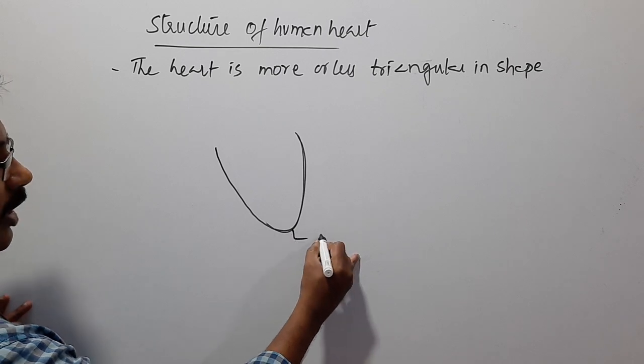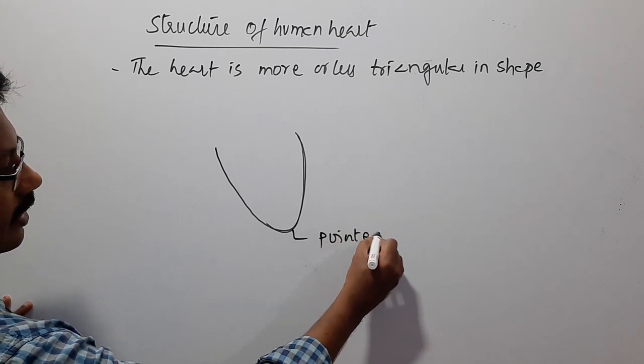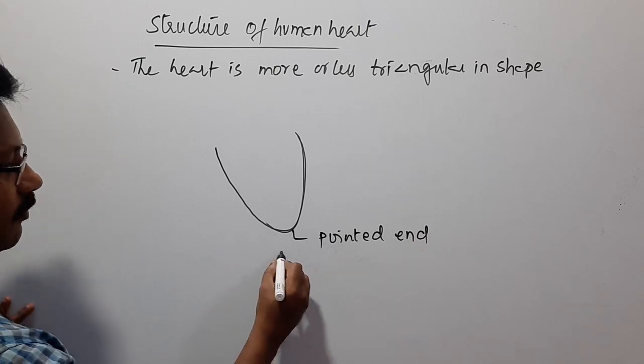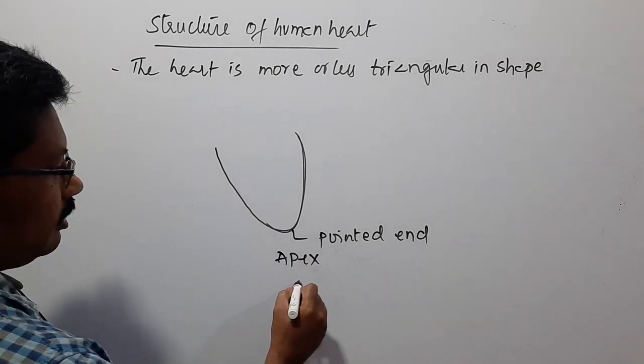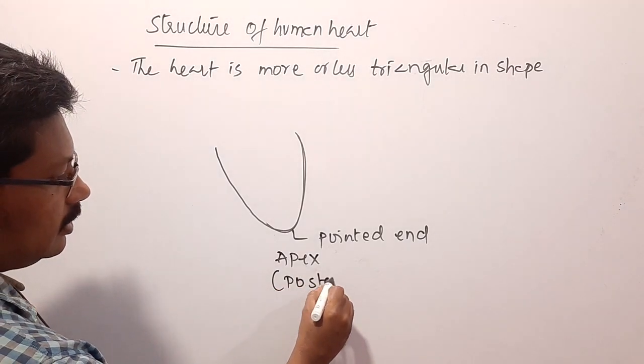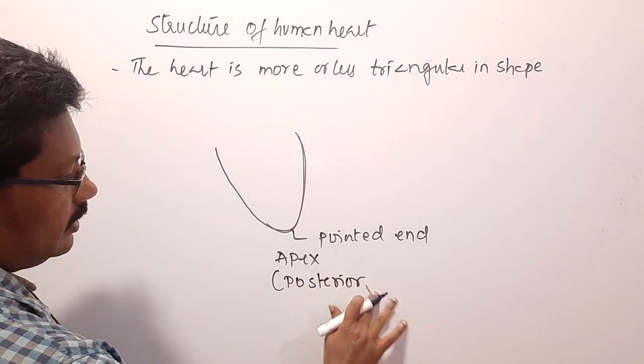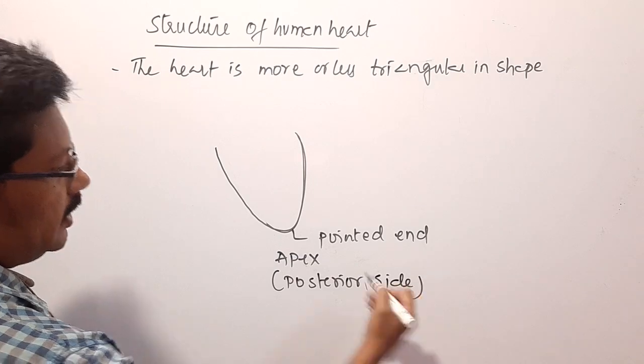This pointed end is what we call the apex, and it is towards the posterior side.